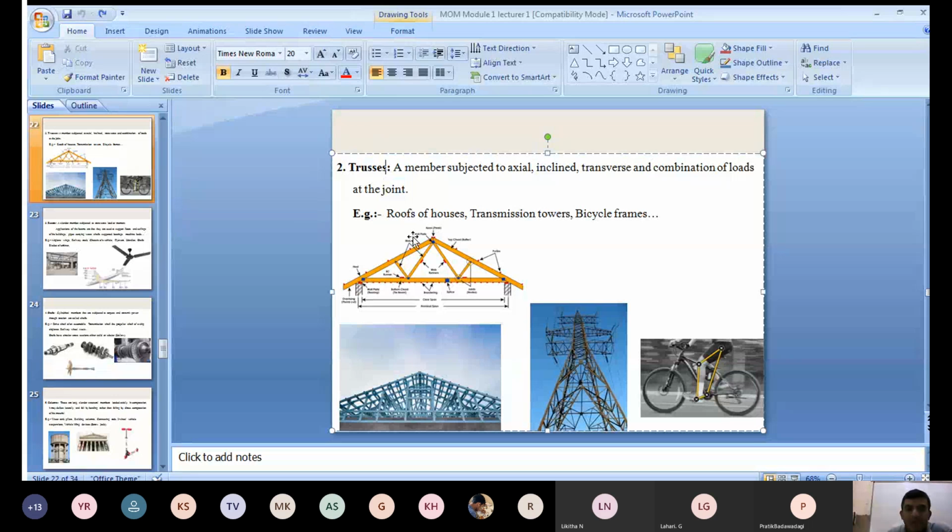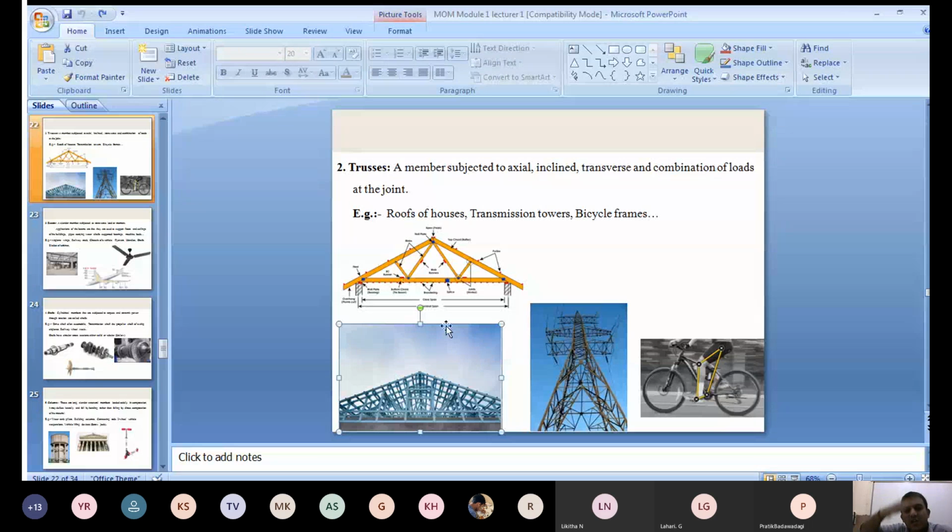The best example for trusses, see the roofs of houses, right? See the roofs of houses. These are trusses. How do you represent them here? Even in the toll, you can see the roofs of that. What is the structure they mounted in the tolls, right? Or if you take the high transmission towers, electrical energy is transmitted here.